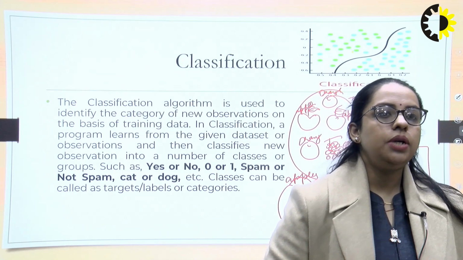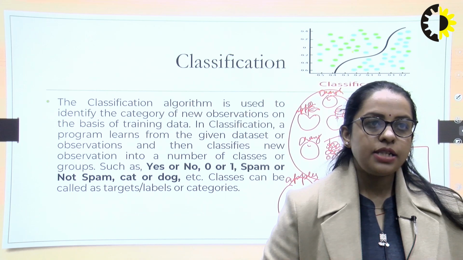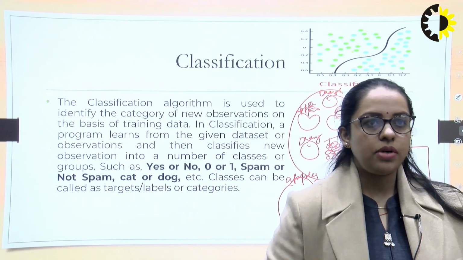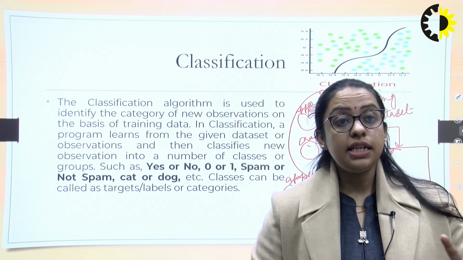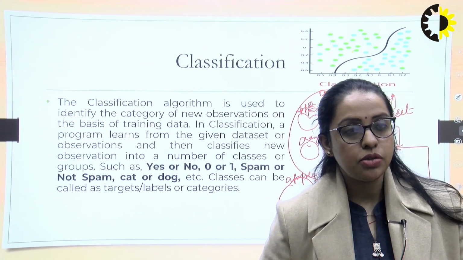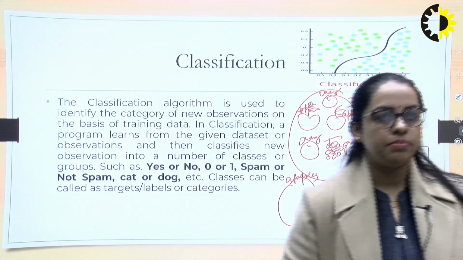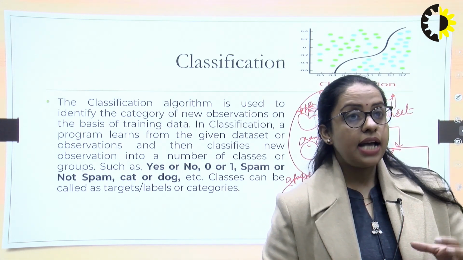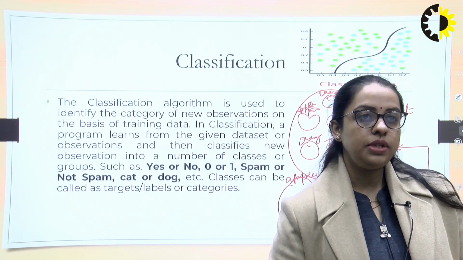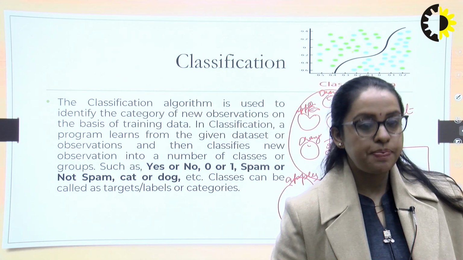If you want to classify the received mail as spam or not, these are the labels. Spam is one label, not spam is another label. So whatever mail you receive in your inbox will be classified in only these 2 categories. The answer will be whether the received mail is spam.